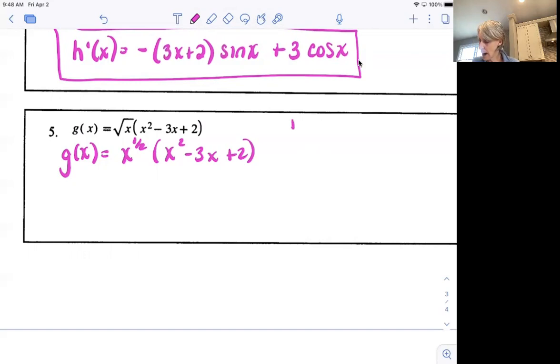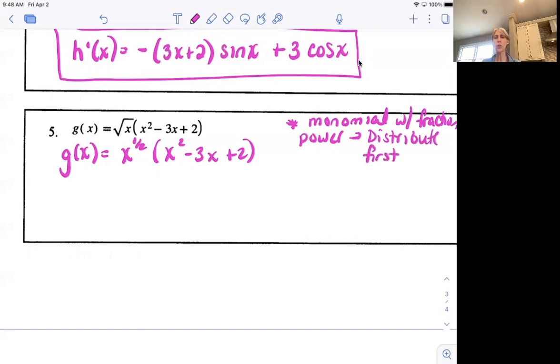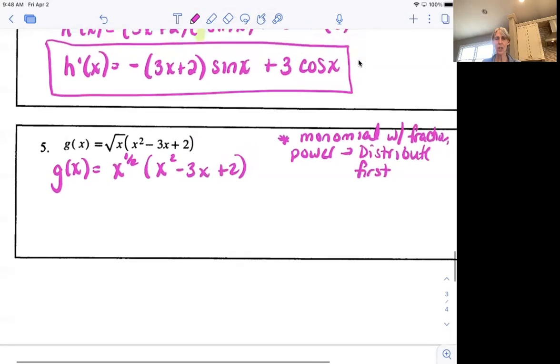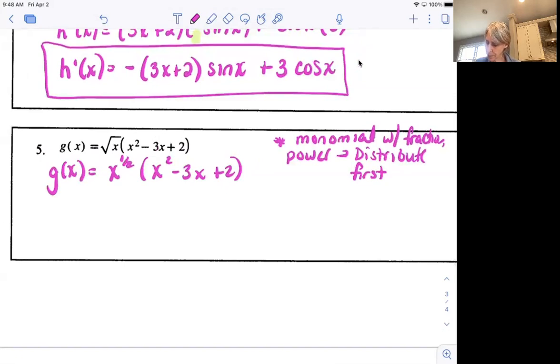Okay, so if you have a monomial with a fraction power, always distribute first. So even though we're learning a rule, we're learning sometimes that it's easier to use our older methods.